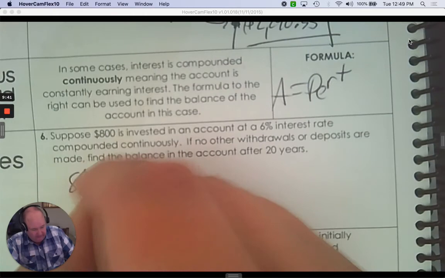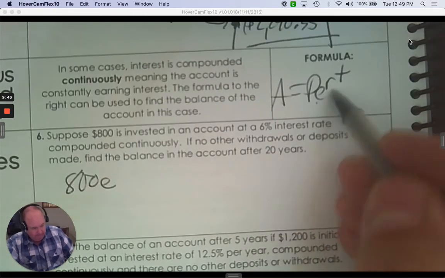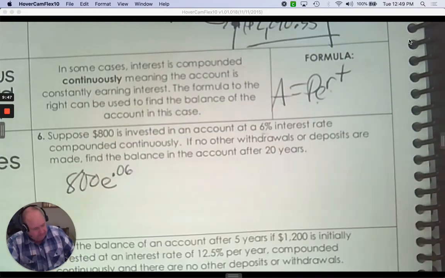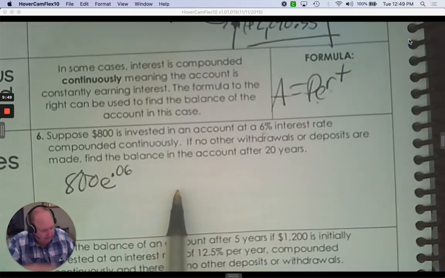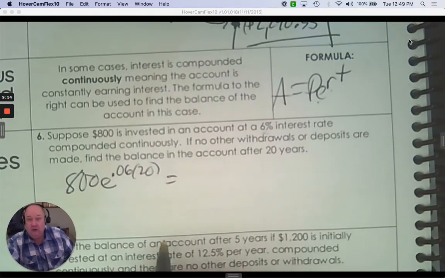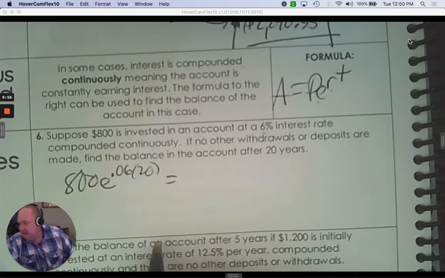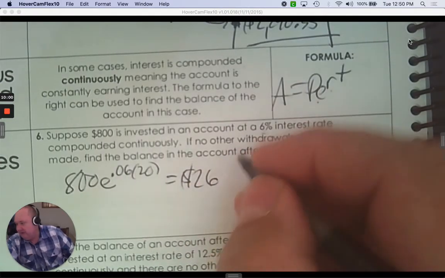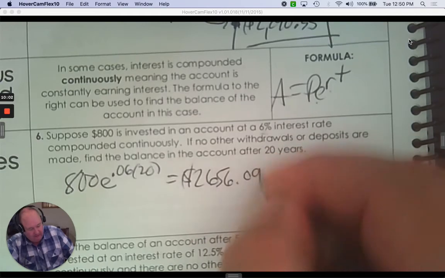So we started with $800. e, the interest rate as a decimal. And how much time has gone by? 20 years. Use your calculator. And how much money is that? That's $2,656.09.